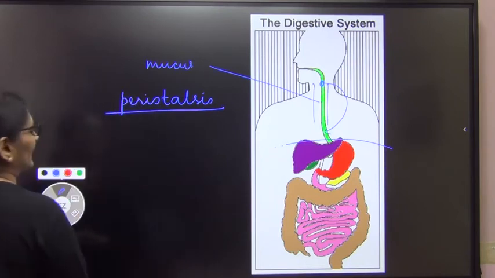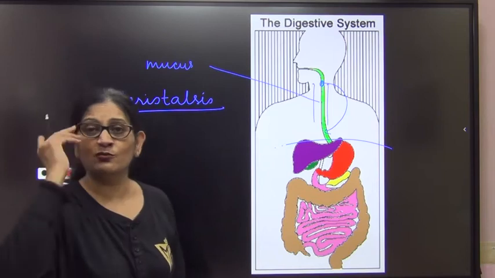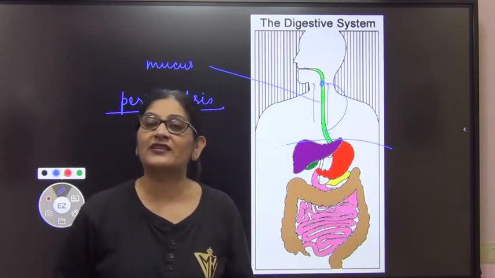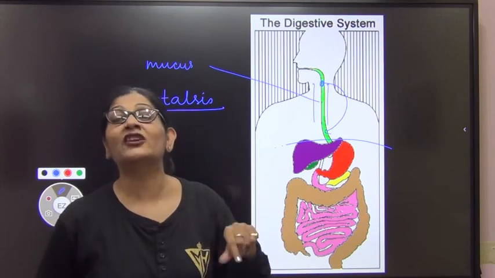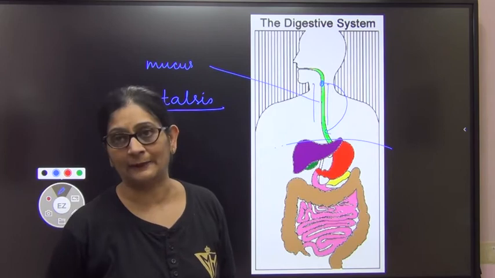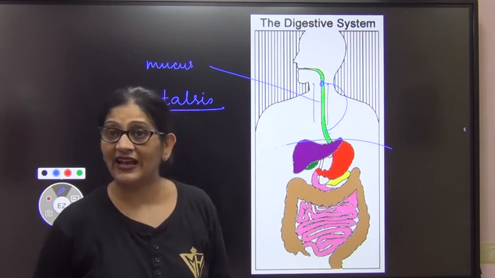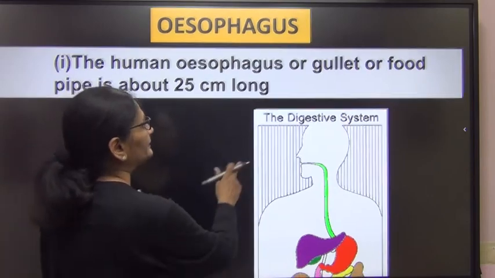So मैंने अभी आपको बताया, esophagus has two functions. One, it is just mucus coated, so it helps to moisten the food, and mucus की वजह से the food also slips very fast. And second, due to peristalsis, the food reaches the stomach in no time. Right? It does not secrete any digestive juice, hence it has no direct role in digestion.